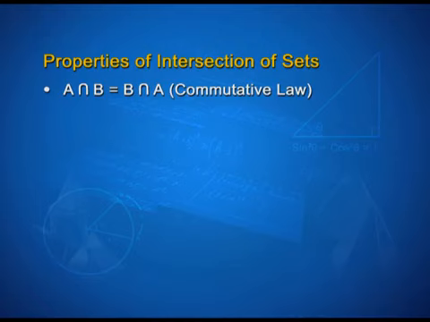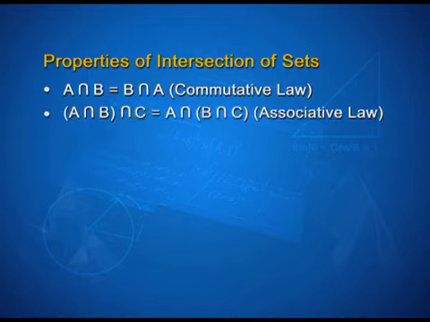As we discussed in the union of sets, the first property here also states that A intersection B will be the same as B intersection A. This is called the commutative law. The second law is the associative law, which states that (A intersection B) intersection C will be the same as A intersection (B intersection C).